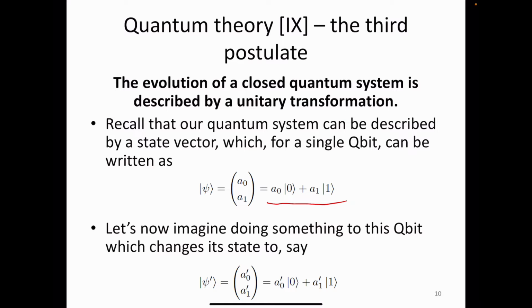And so we do something to the qubit. Imagine that we apply some transformation to it, and the evolution of the state results in a sub 0 prime and a sub 1 prime. You have different amplitudes, still with the same basis vectors. This didn't change the basis vectors, but it changed the probability amplitudes associated with each of them.